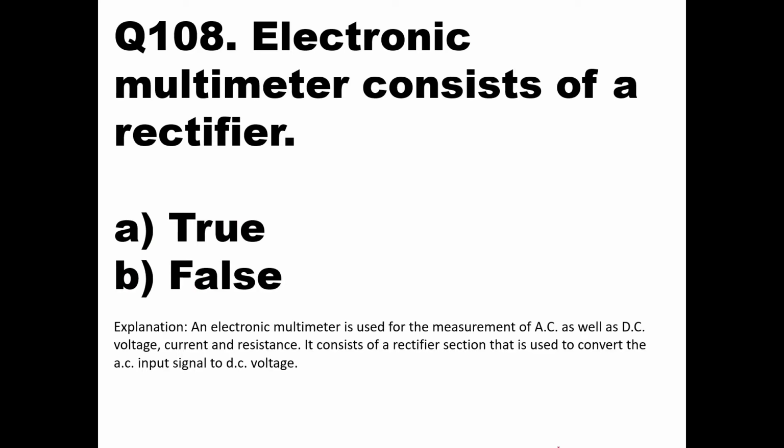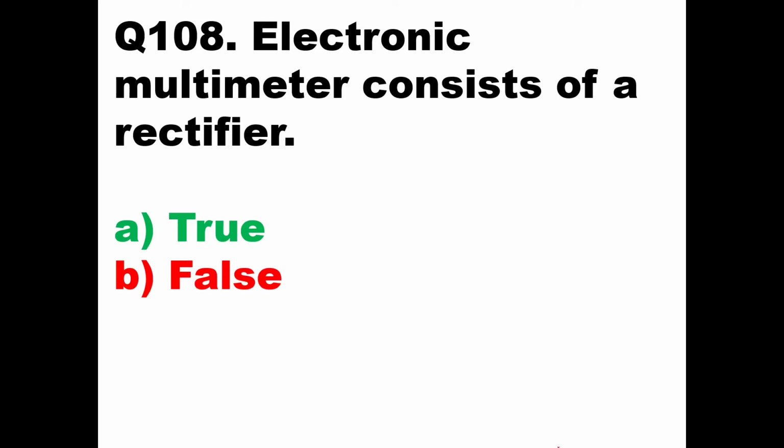Electronic multimeter consists of a rectifier. Obviously an electronic multimeter will consist of a rectifier, because any AC value has to be converted into DC, since it will also measure DC voltage and DC current. It has to use a rectifier to convert AC input signal to DC voltage. So this statement is true.